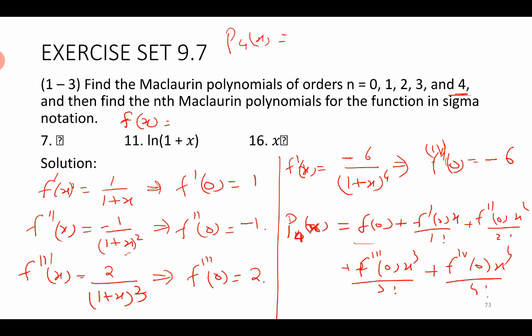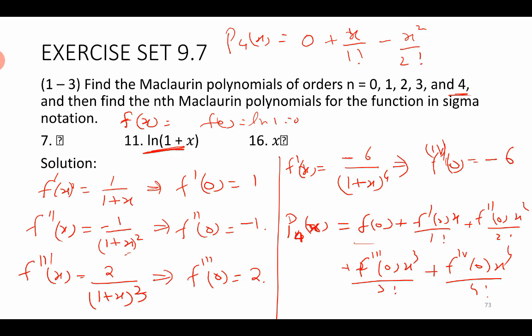First f of 0, f of x is given here. What is f of 0? ln 1, which is 0. So first term is 0. Second term, f dash is positive 1 into x divided by 1 factorial. Third term, the second derivative is negative 1, so negative 1 x square divided by 2 factorial.